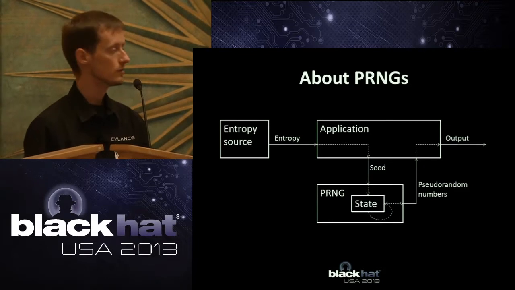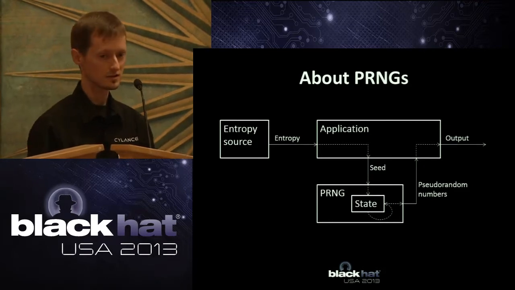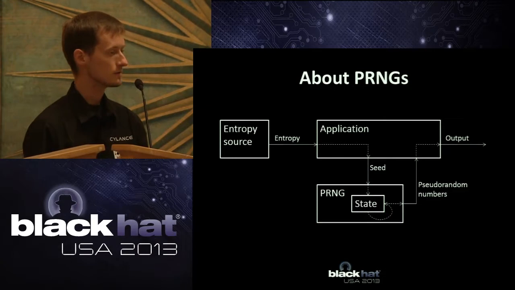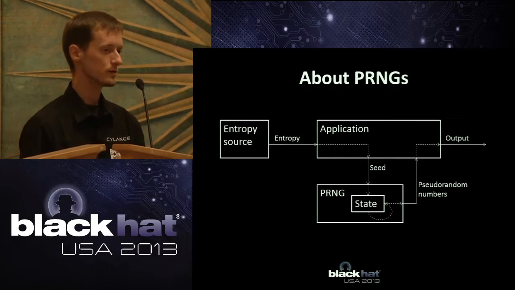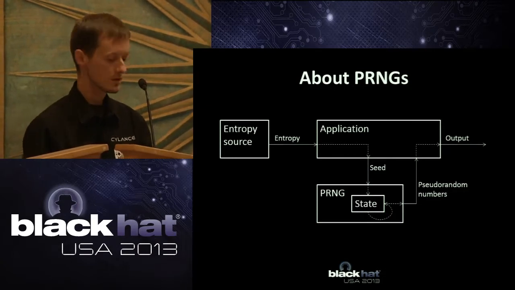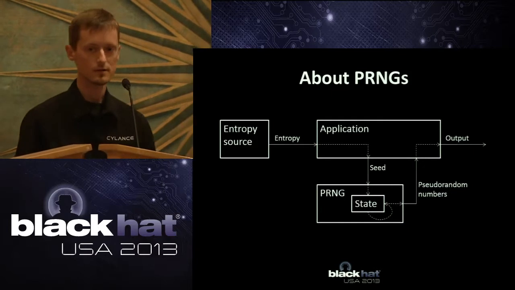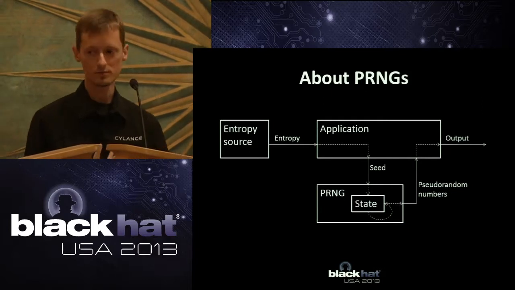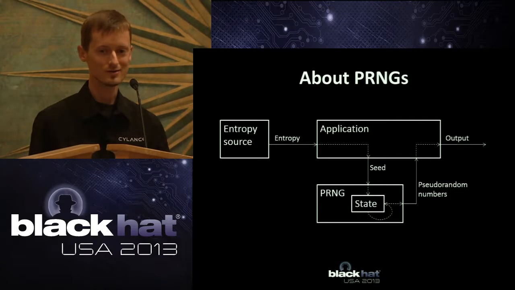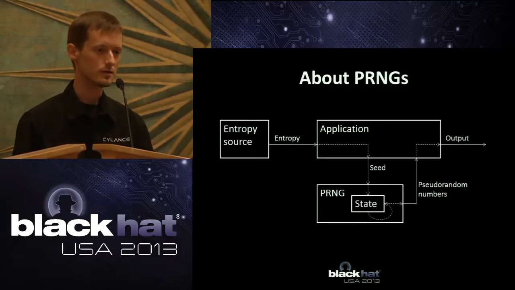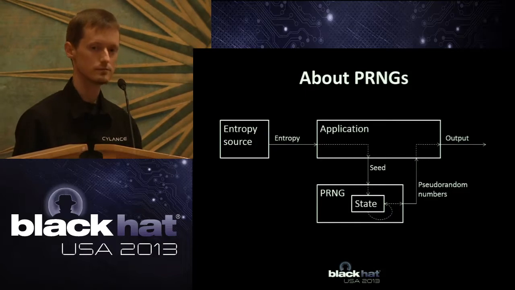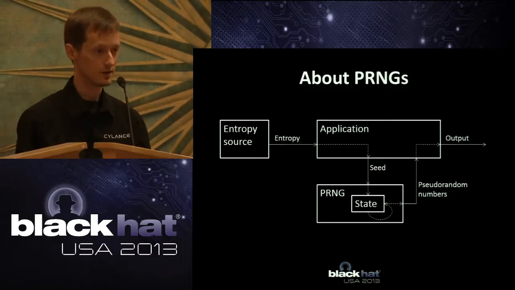The other case would be where the state is significantly larger than the seed. And then the seed is run through some algorithm for deriving an initial state. For instance, the .NET PRNG accepts a 32, or technically 31-bit seed, and has like a 1700-bit internal state. So not every possible state is directly realized from a seed value.